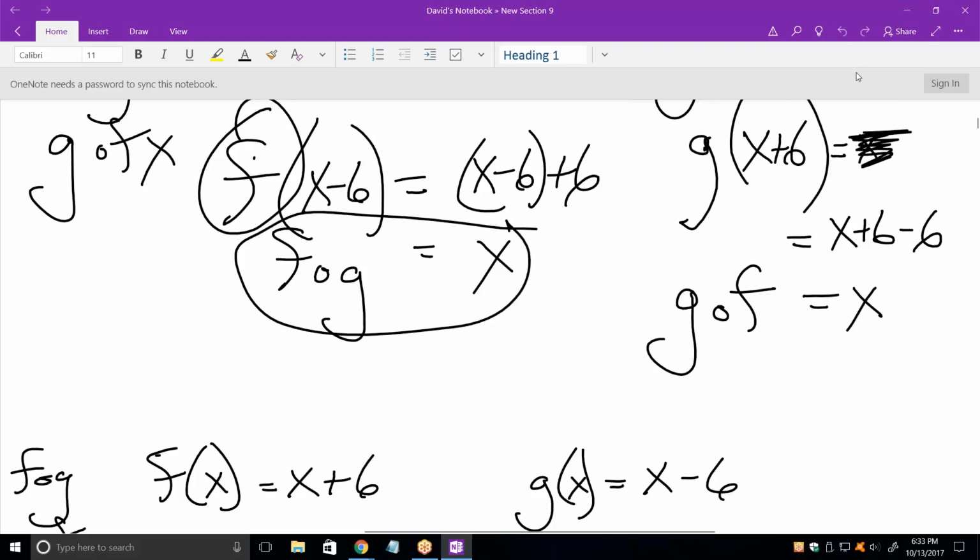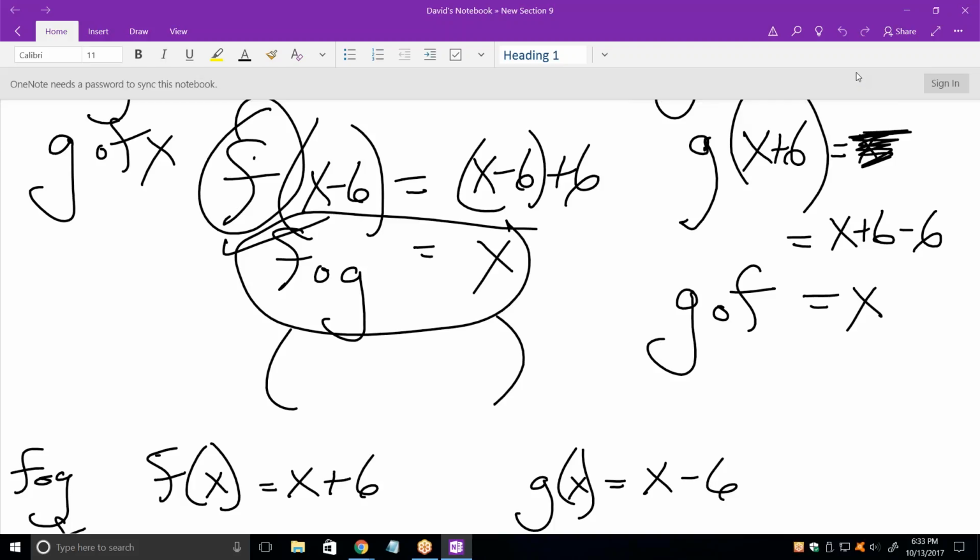What's the domain of that? It has to equal x, right? What is the domain of that function? In other words, what values can you plug in for x? Can you plug in any number you can think of?